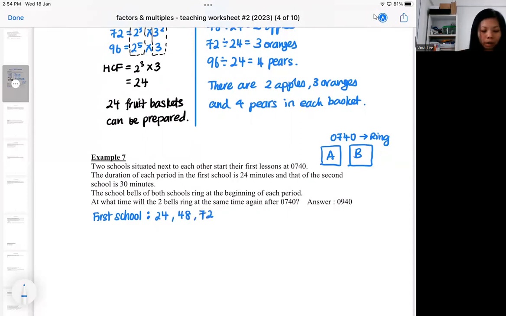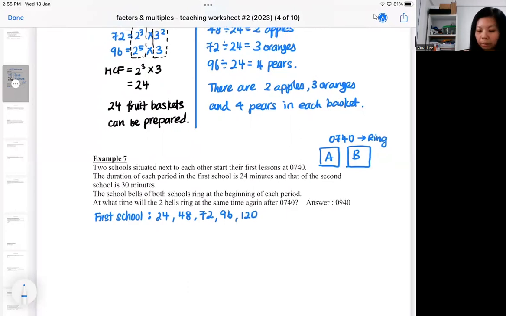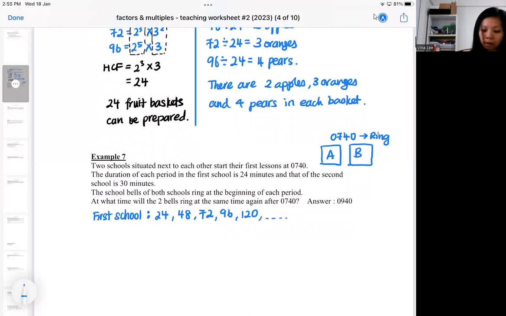That means you are exploring the multiples of 24. So every multiple of 24 for the first school, it will ring a bell. For the second school, every multiple of 30 minutes, it will ring a bell. So 30, 60, 90, 120.